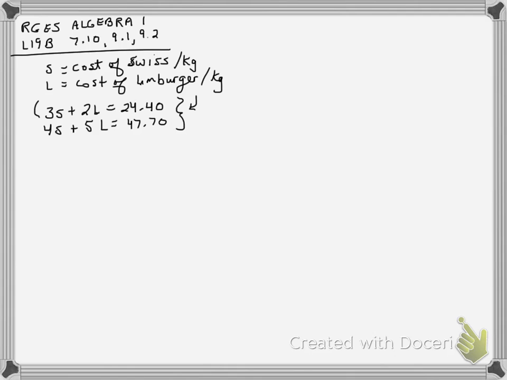If I multiplied the first equation by 5 and the second one by -2, so my signs are opposite, my Limburger will drop out and I'll be able to solve this equation.